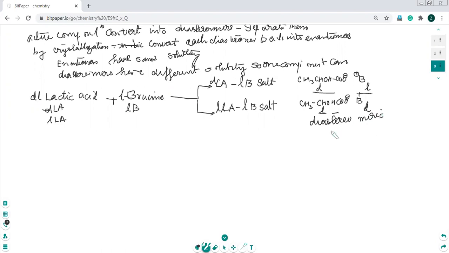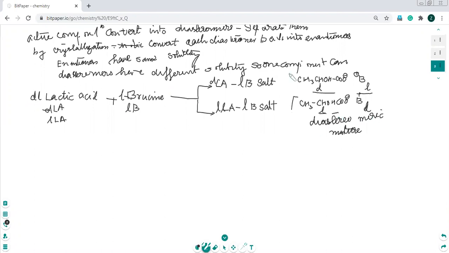It's a diastereomeric mixture, and they differ in their solubility.